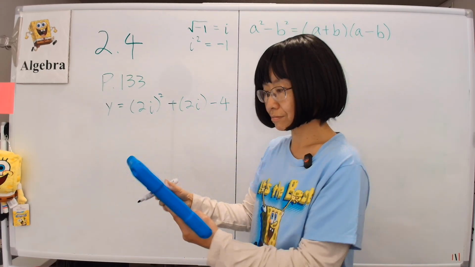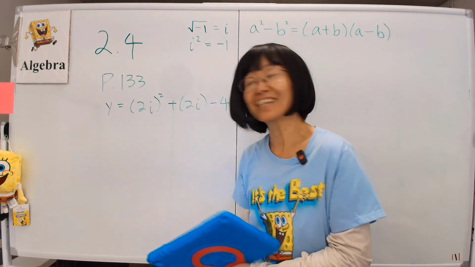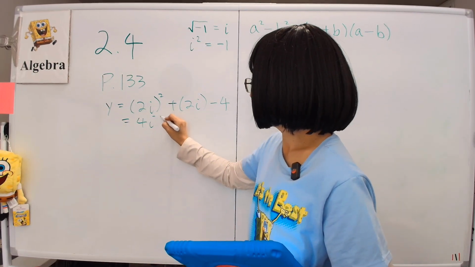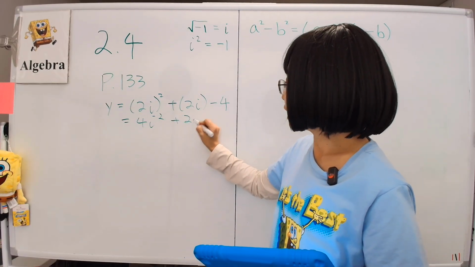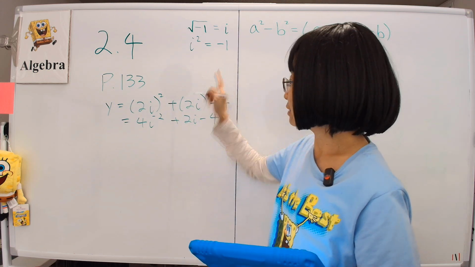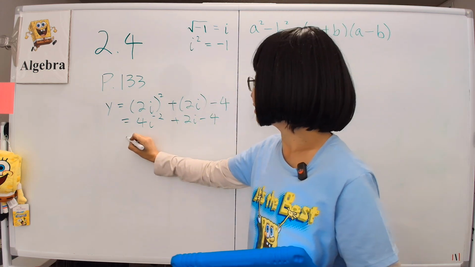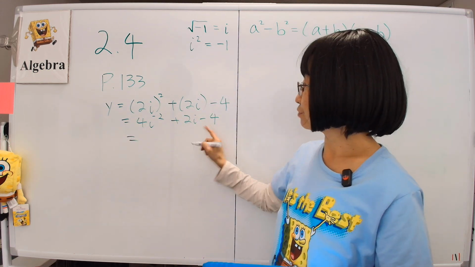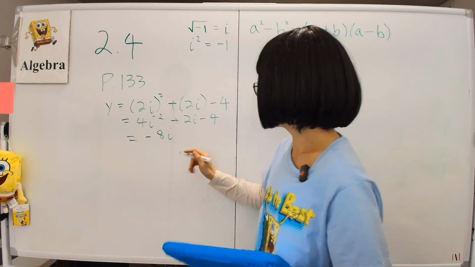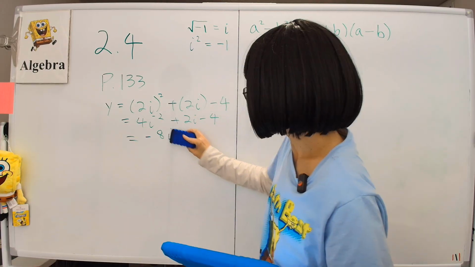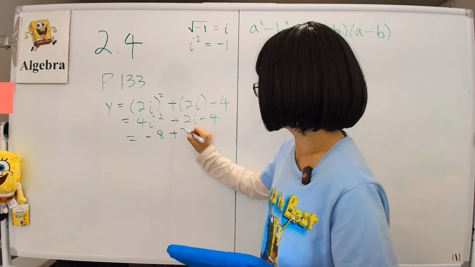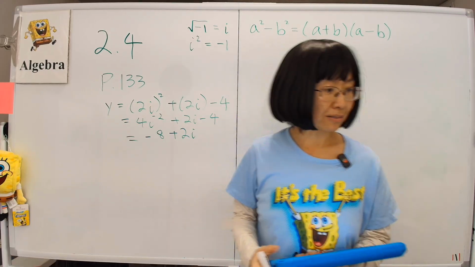So that will become 4i squared plus 2i minus 4. Now, remember, i squared is negative 1, so this is a negative 4. Then we have negative 4 and negative 4 again, that's minus 8. There's no i there because i got squared. So that's negative 8 plus 2i.